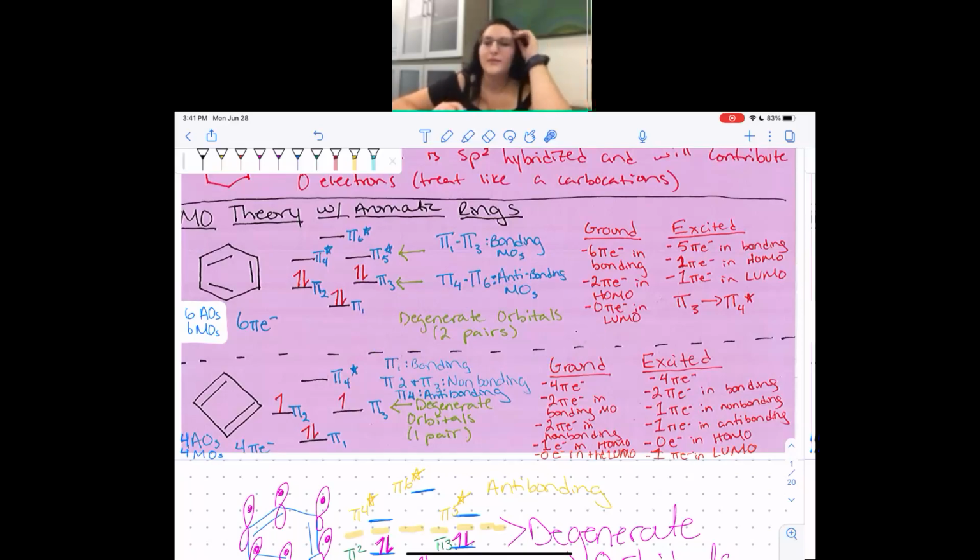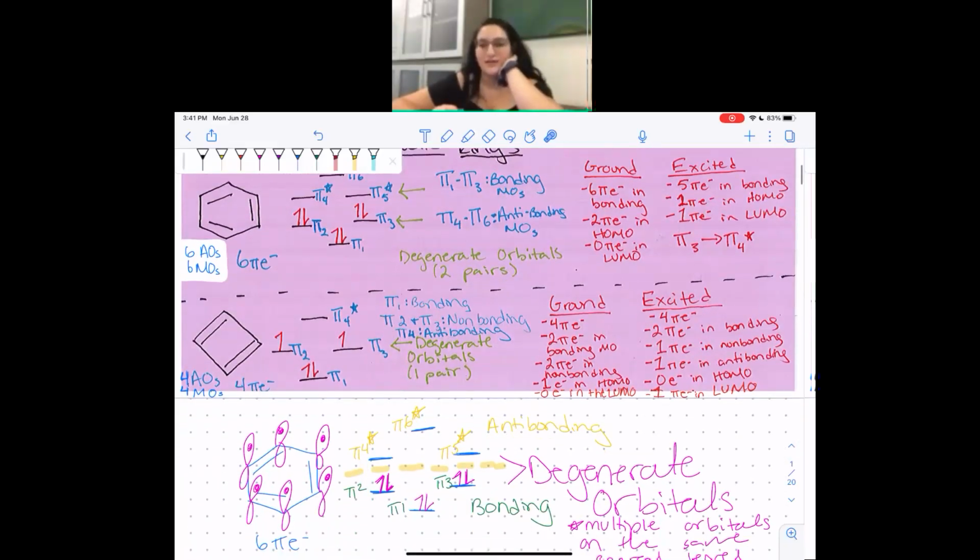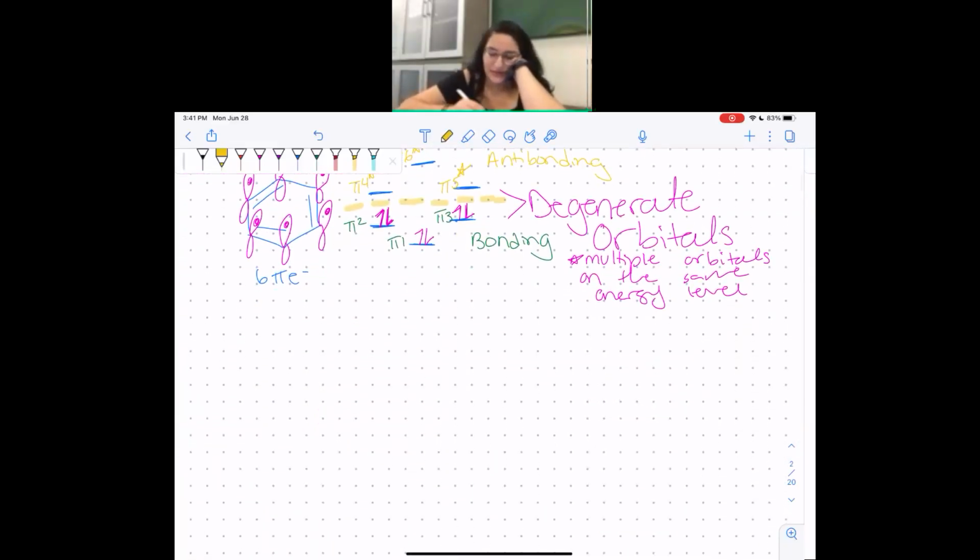Now, when we're talking about the cyclic diene, I'm going to redraw it. We're going to tilt it on its side, kind of like benzene, and again draw an orbital at each point.